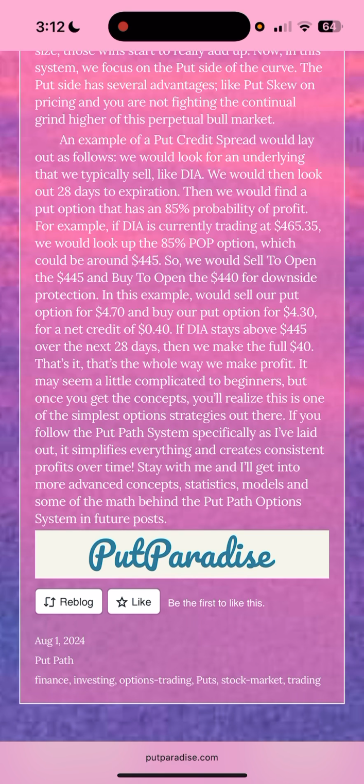So this may seem a little bit complicated to you, and if that is true, go ahead and read that characteristics PDF that I linked you to, and start to go through each of these put path steps, step by step, strategically and specifically as I've laid out. And I'm going to teach you how to trade these options profitably.